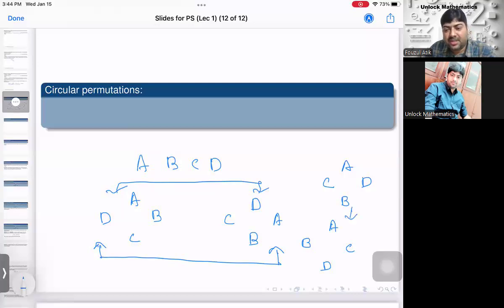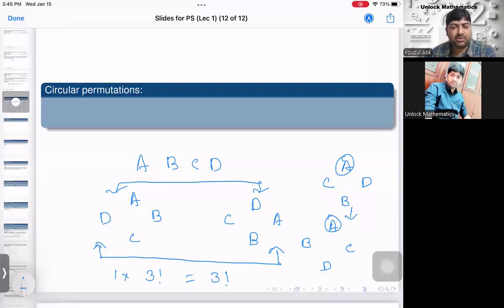Therefore, once you fix one position, the other three you can permute. How many ways can you permute three elements? You already know, it's 3 factorial ways. There were 4 players in the beginning, so one you kept reserved and the other three you permuted. So there are 3 factorial different ways. This is called circular permutation.